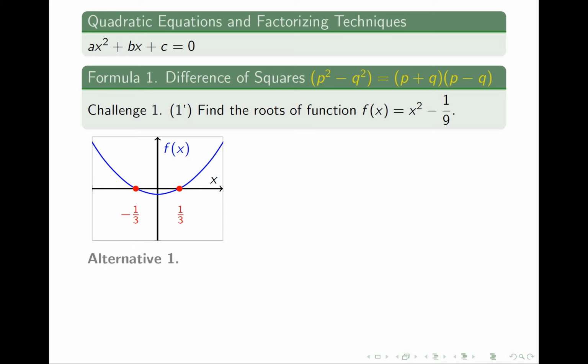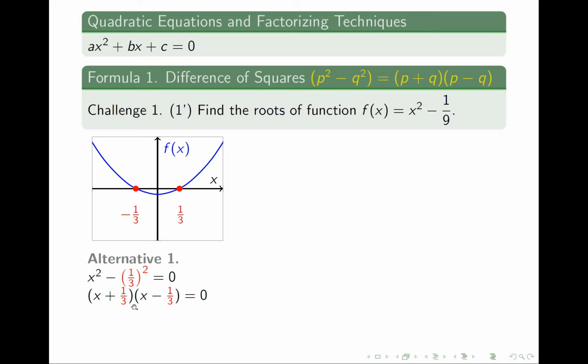So again, alternative 1, we have x squared minus (1/3) to the power 2 equals 0, and we wrote this expression in an equivalent form of this. So we know that this one has to be equal to this one. So we rewrite it: (x plus 1/3) times (x minus 1/3) equals 0.